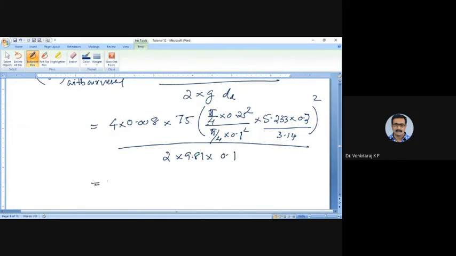After calculating, you will get this as equal to 5.29 meter.